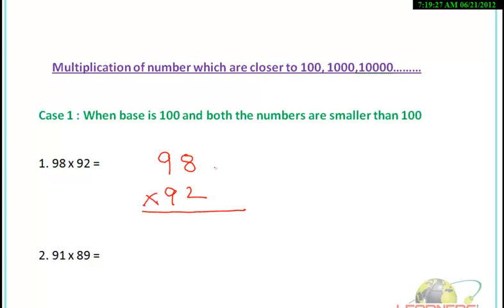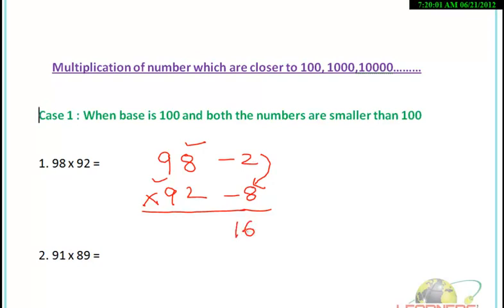Now 98 is 2 less than 100, and 92 is 8 less than 100. We are just finding the difference of the given number from 100. Now we just have to multiply these two numbers, that is 2 into 8. It will give you 16.